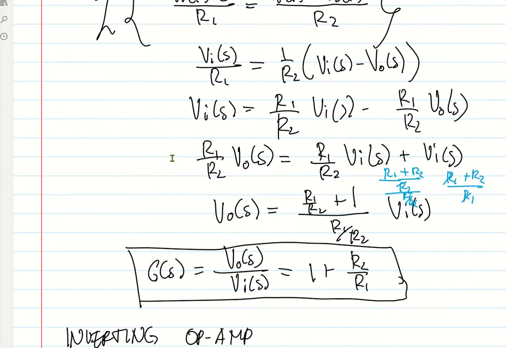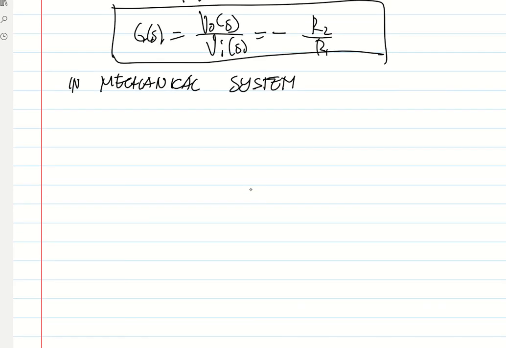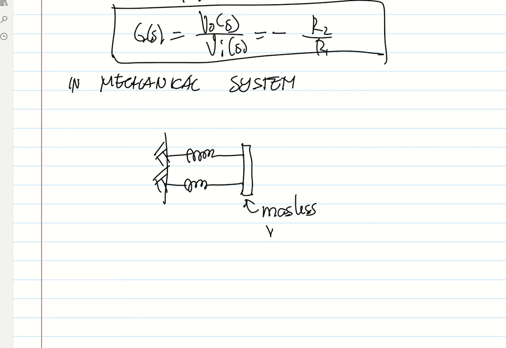Then this is for the electrical system. In a mechanical system, a very good example of a zero order system is a spring. If we have two springs here, connected to a massless body, this means the mass of this is negligible.